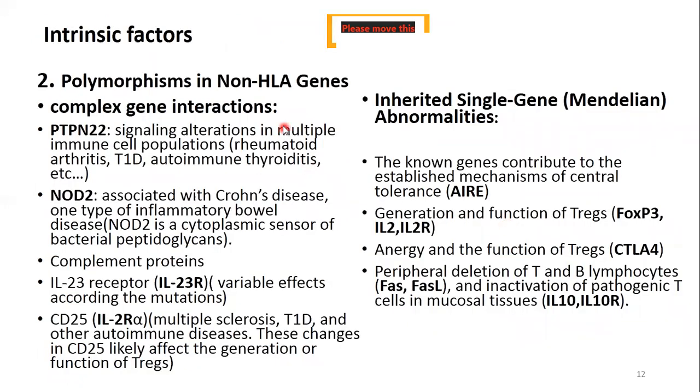There is polymorphism in non-HLA genes, for example, PTPN22, which is involved in signaling in many immune cell populations, and polymorphism in this gene is associated with RA, type 1 diabetes, and autoimmune thyroiditis. NOD2 is a cytoplasmic sensor of bacterial peptidoglycans, so polymorphism in this gene is also associated with Crohn's disease.